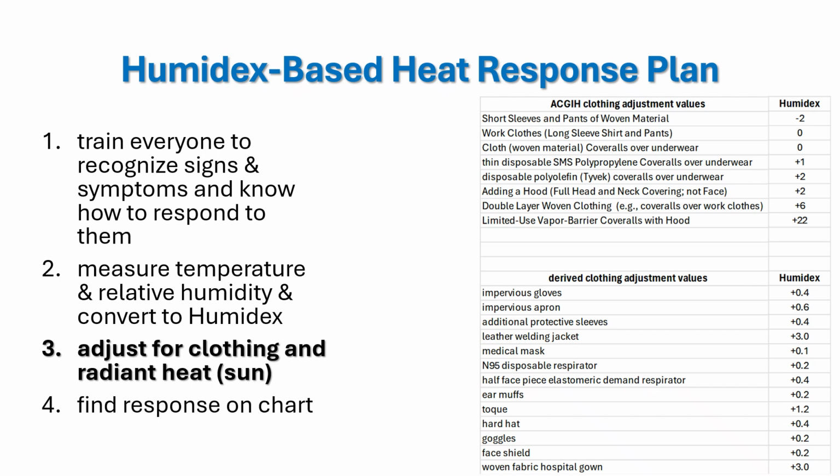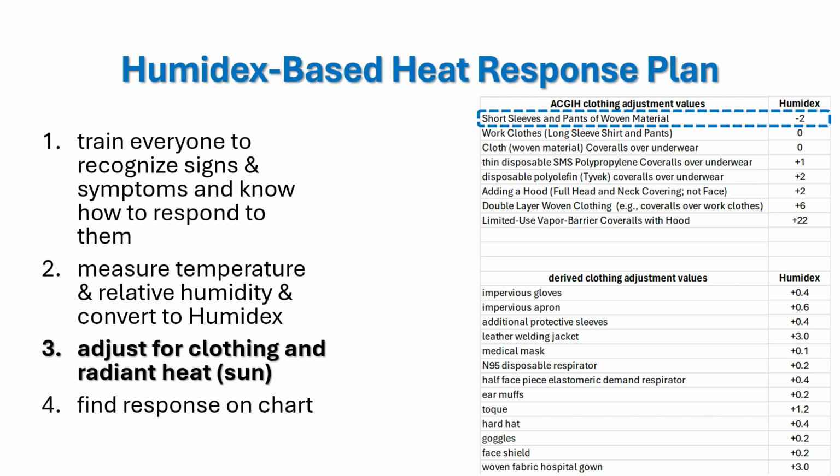Next, we can't just take the Humidex number by itself. We have to adjust it in case people are wearing extra clothing, then there's a penalty applied. But there's also a bonus. If you have short sleeves and pants, you actually subtract 2 Humidex units from the measurement because the exposure limits assume that you're wearing long sleeves shirt and long pants.